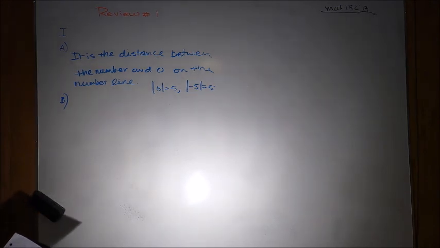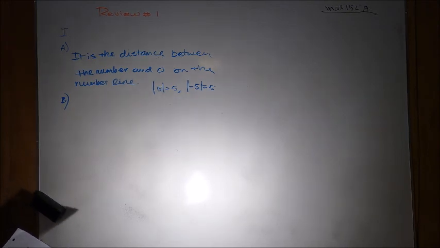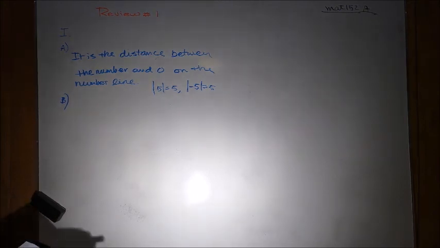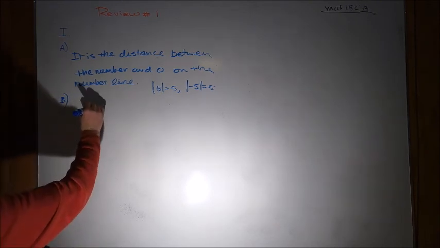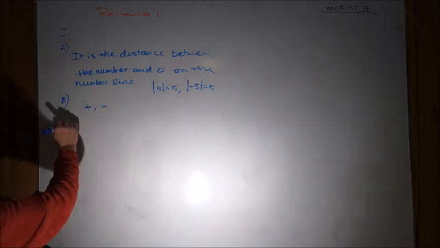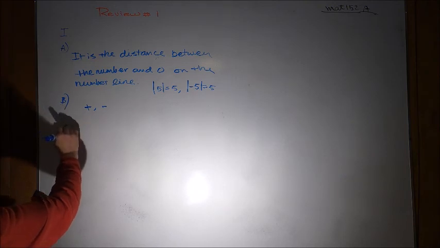Problem B, we ask you what operations with fractions require finding a common denominator, preferably the least one. So when do we need to use the LCD? When we add and subtract fractions, right?